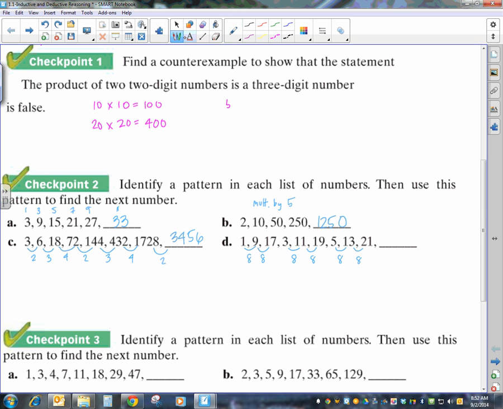So something about these other ones sticks out. I had the 1 and the 3 and the 5. So if I go back to 1, I add 8 to it twice. Then I go to 3, add 8 to it twice. Then I go to 5, add 8 to it twice. And hopefully you can see the next number is 7.